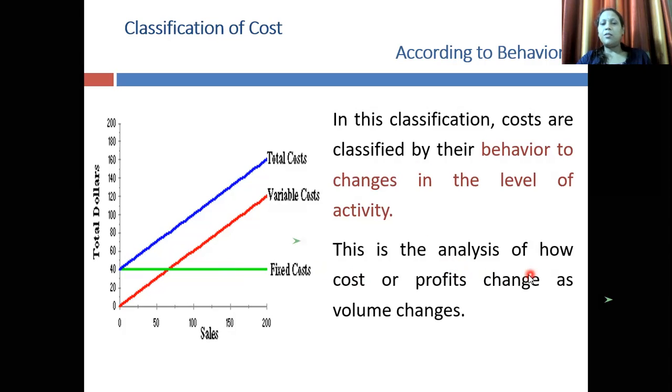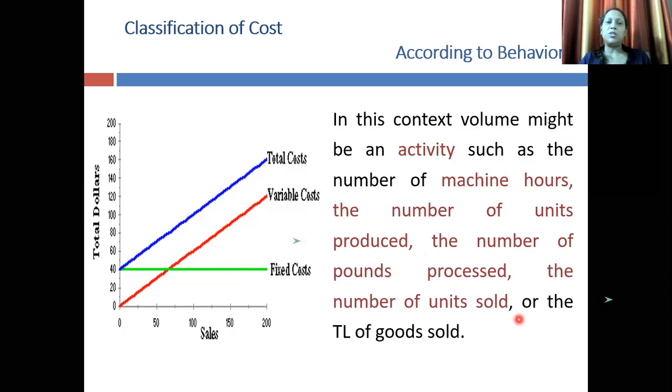This is the analysis of how cost or profit change as volume changes. In this context, volume might be an activity such as the number of machine hours, the number of units produced, the number of pounds processed, the number of units sold. That all are treated as activity.